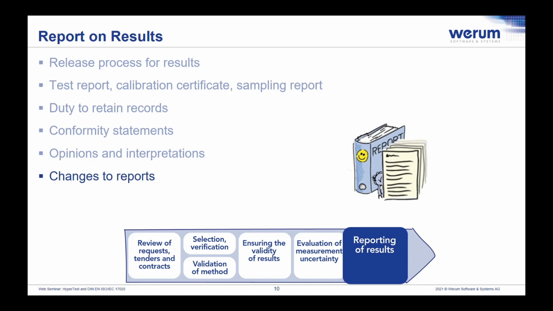The integrated document management of HyperTest is able to assign permanent read rights to the initially created report. When amendments or new versions are created, HyperTest automatically establishes a reference to the original report.